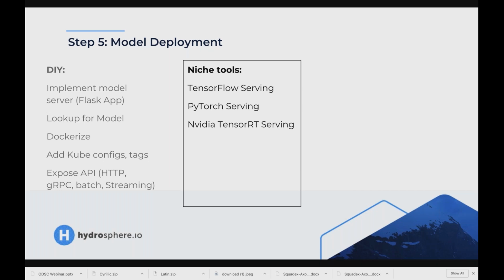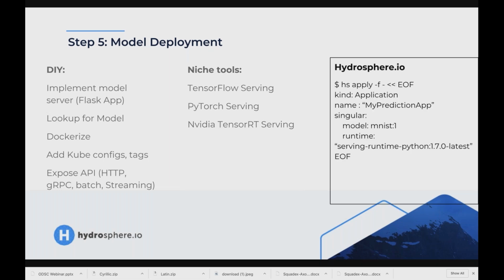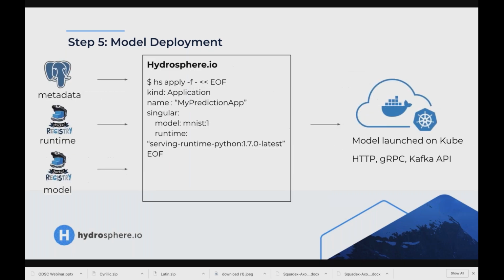So we've built a more general purpose deployment tool, which exposes just one CLI command to get these things done. Under the hood, we take the metadata, we take a model and a pre-built, optimized runtime, and we launch that model alongside the runtime on a cluster.